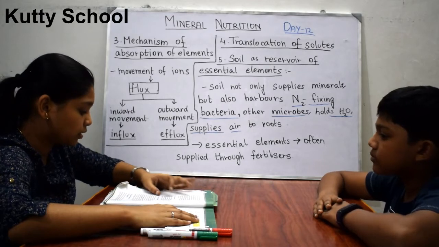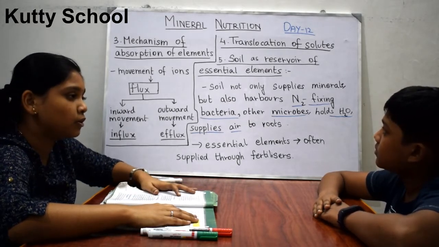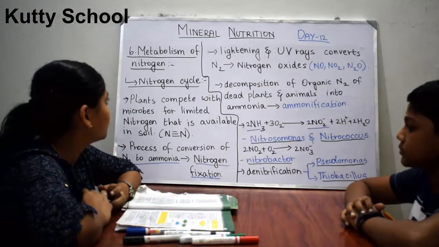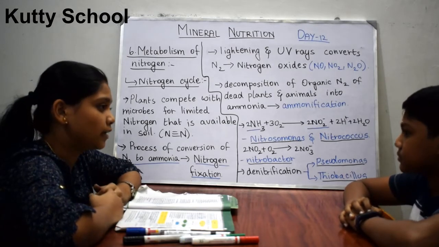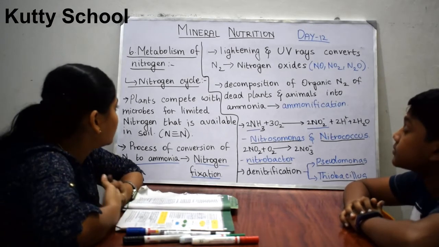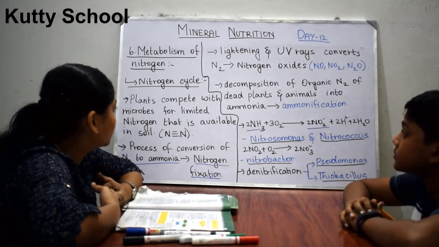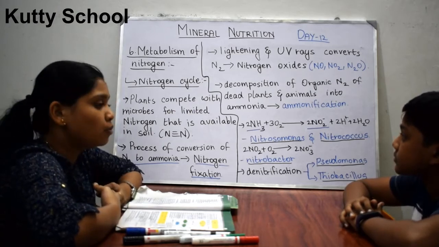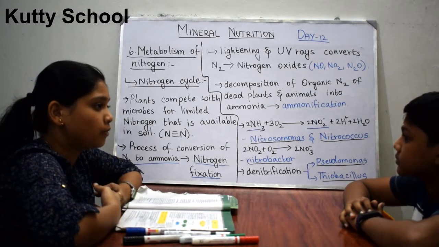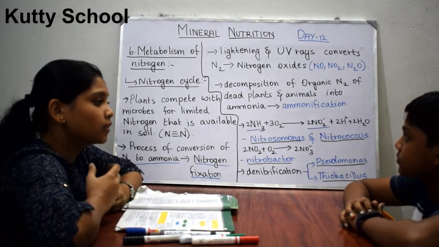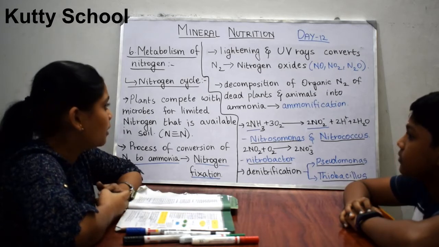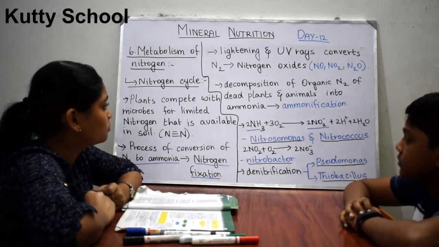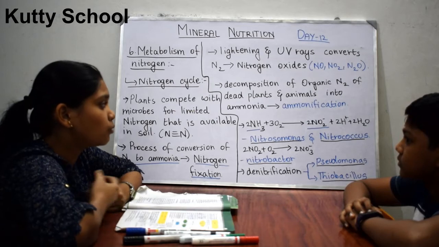Next we will go to the topic metabolism of nitrogen. Under it, we are going to discuss the nitrogen cycle, which is how nitrogen is absorbed from the soil, how it decays again, and how it is converted into ammonia.